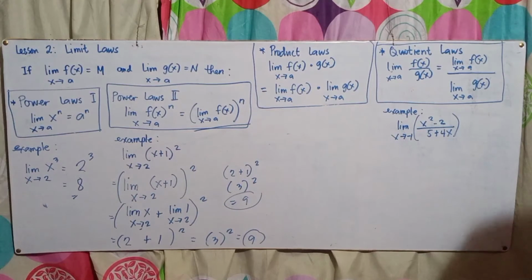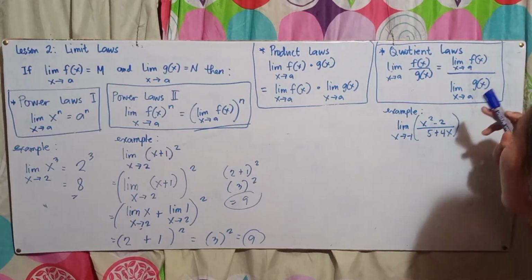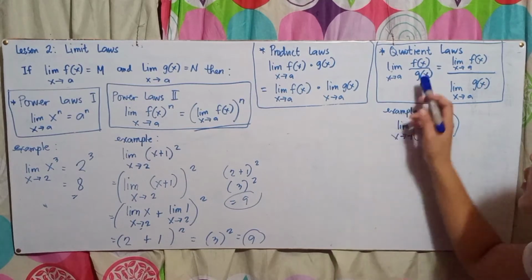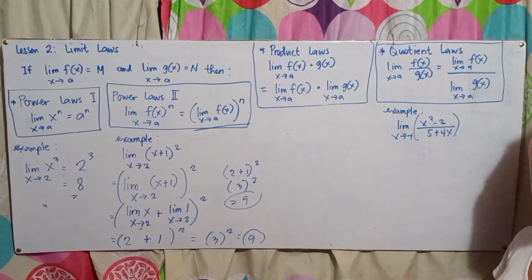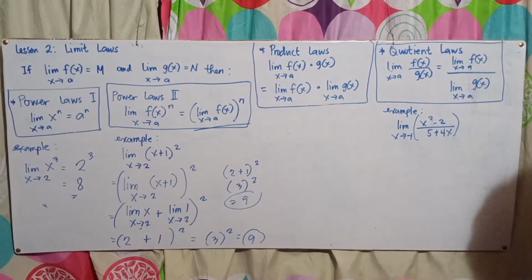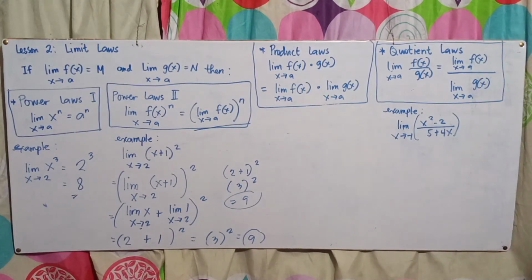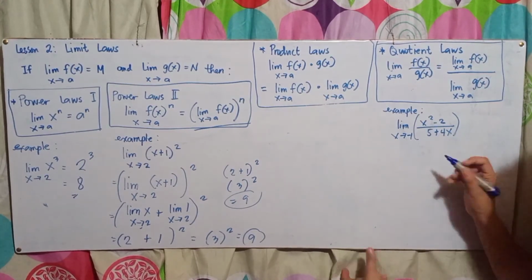Okay, so next is the quotient laws. So, sa quotient laws, ato alang i-divide. So, the limit of a function f of x divided by g of x as x approaches to a, i-divide lang sila. So, example, limit of x squared minus 2 divided by 5 plus 4x as x approaches to negative 1. So, i-divide natin.